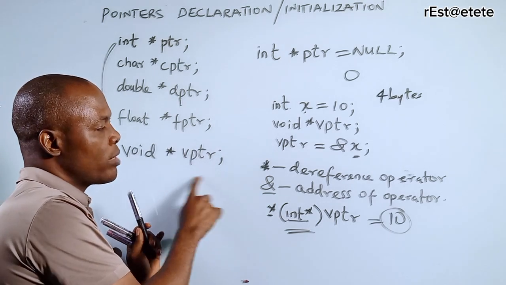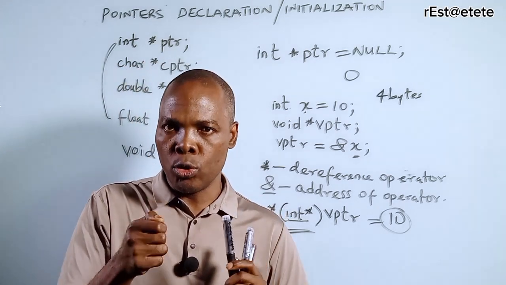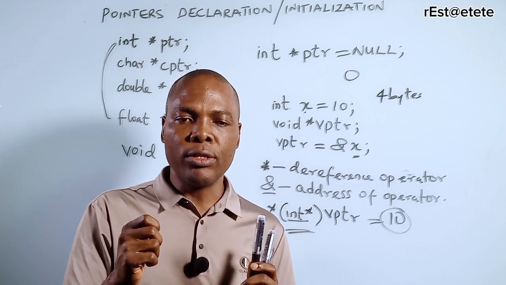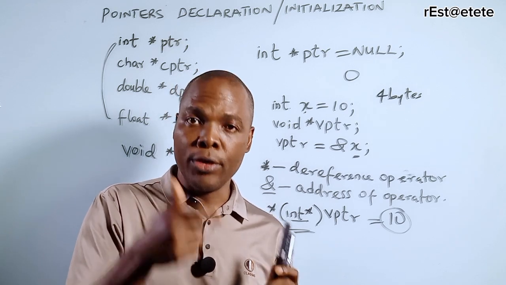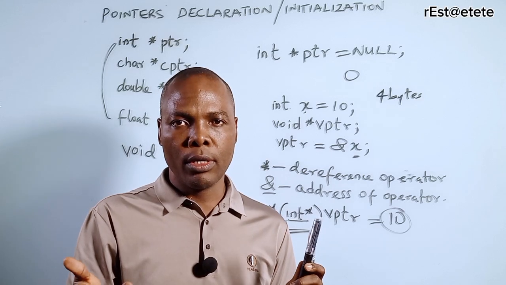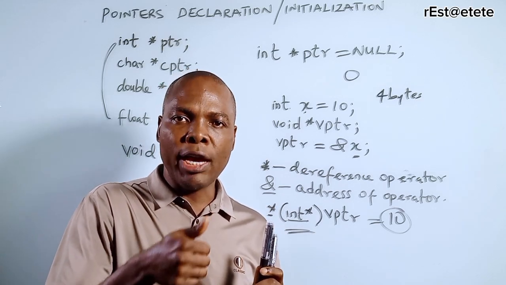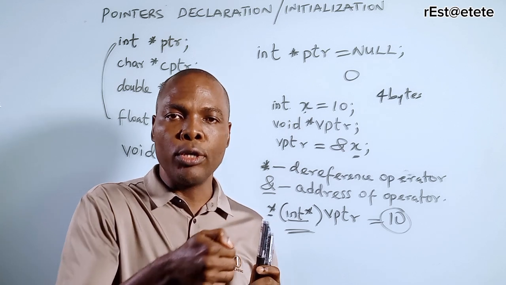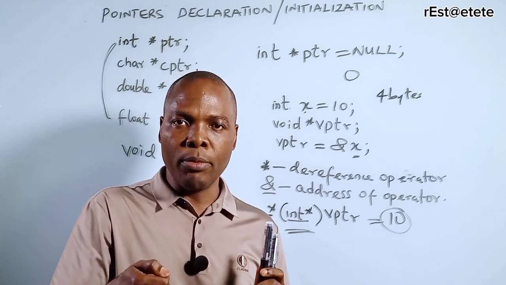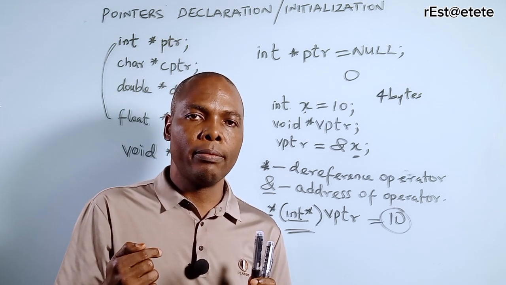A practical example of a void pointer is, say for example, you have a remote control that you can use to access a TV, you can use to access a radio, you can also use to access a projector. Before you press any button on that remote control, you have to tell us what you are pointing to. Are you pointing to TV? So you have to press TV before you press any button, so that the remote will know which signal to send.